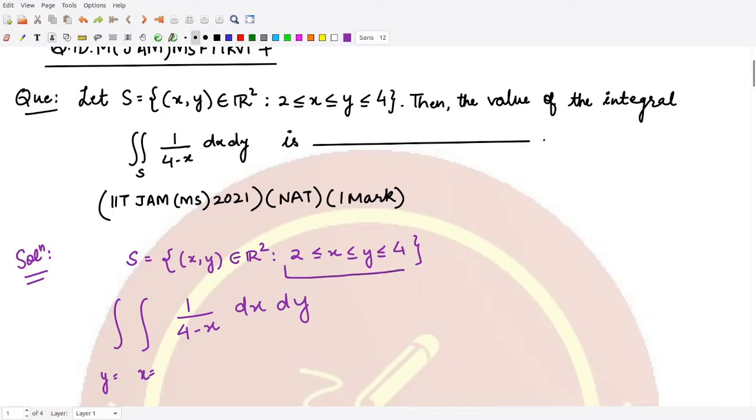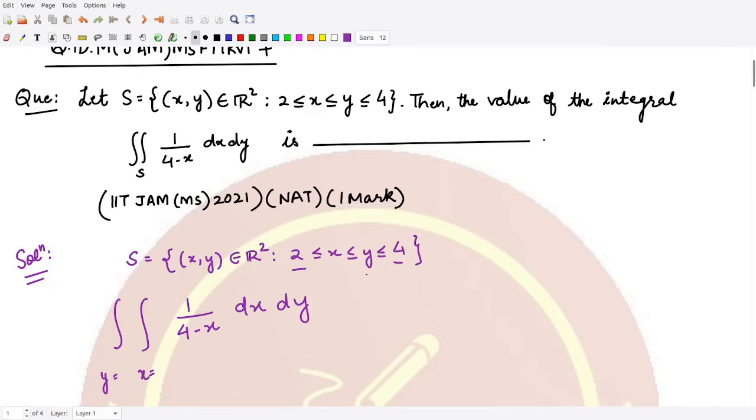So here obviously the limits are clubbed to each other. That means one would have the constant limits, another one would be represented in terms of the other. Because y is taken outside, this limit has to be a constant limit. So the values would be the upper and the lower bound that is given to us, 2 and 4.